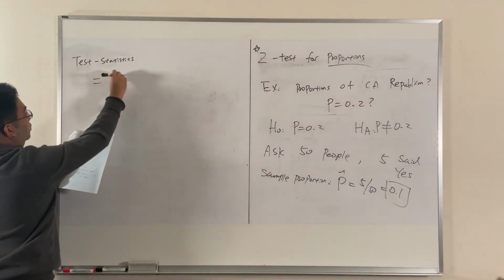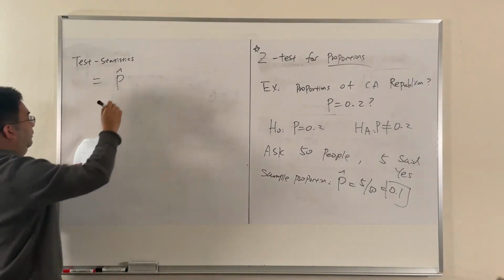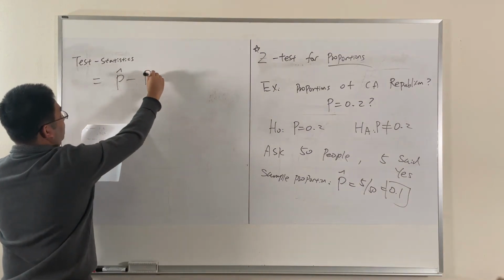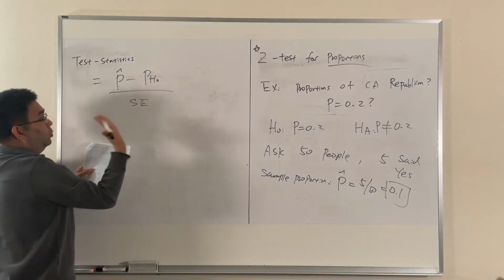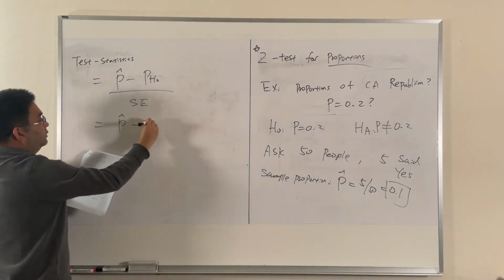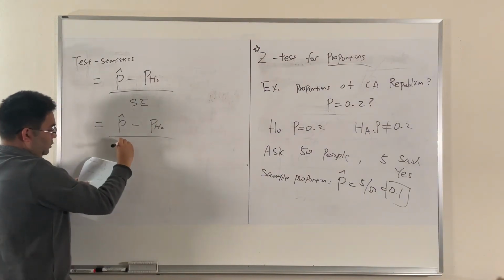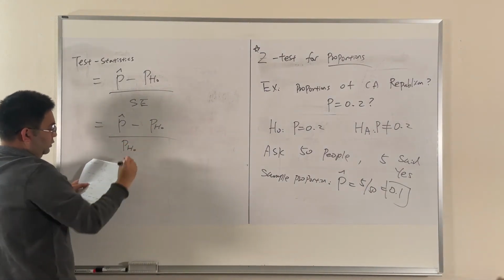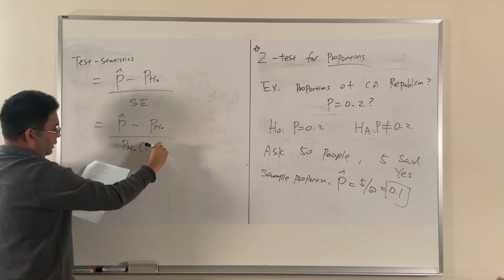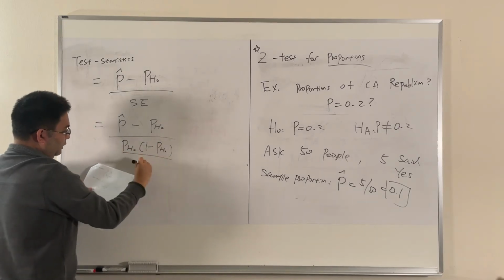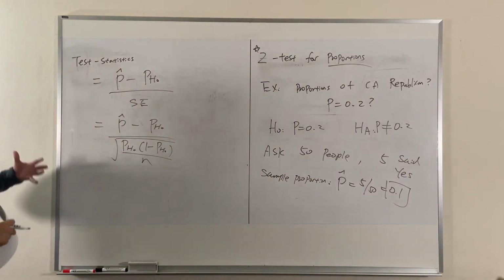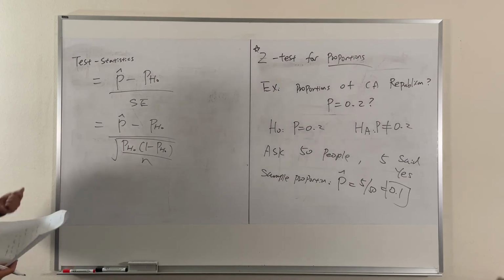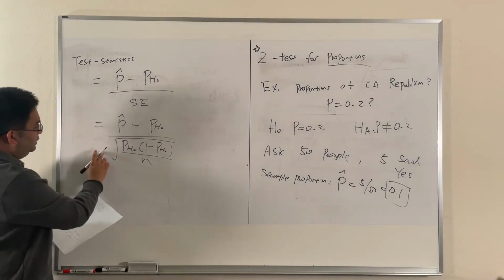It equals our p hat minus p, the proportion under the null hypothesis, divided by the standard error, where the standard error equals the square root of p under the null hypothesis times 1 minus p under the null hypothesis, divided by n. This formula looks different from what we used for the z-test and t-test, but this is the standard error.